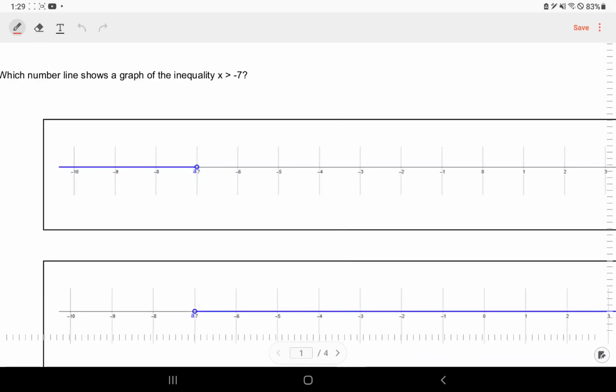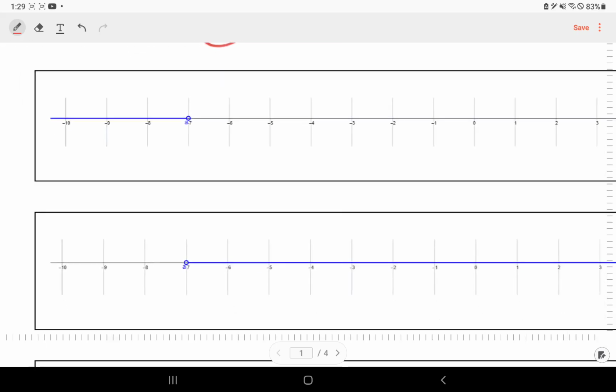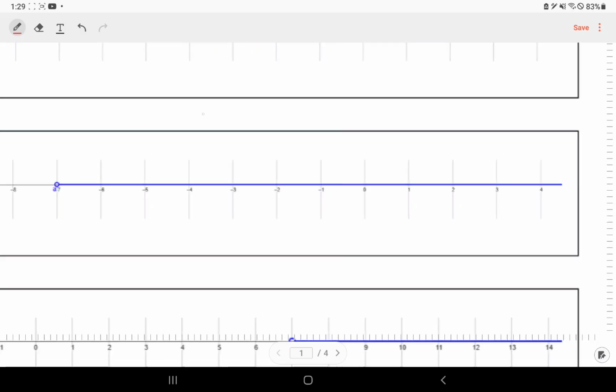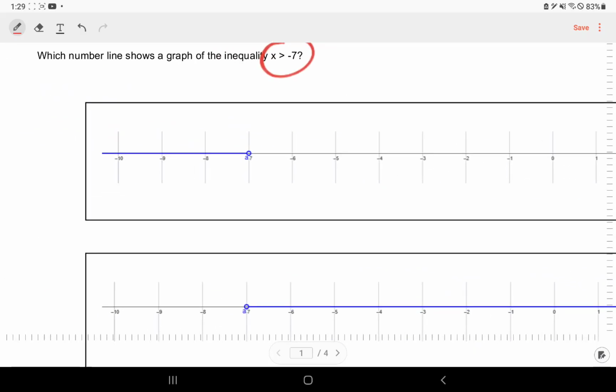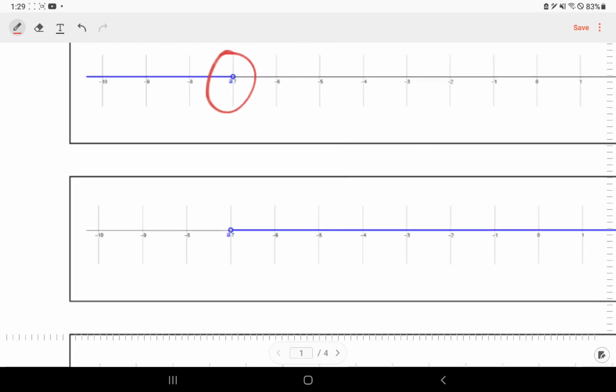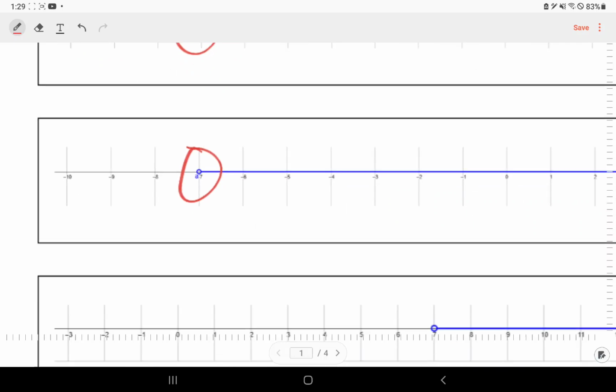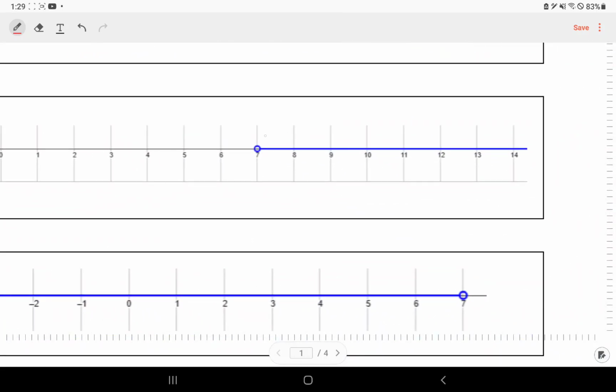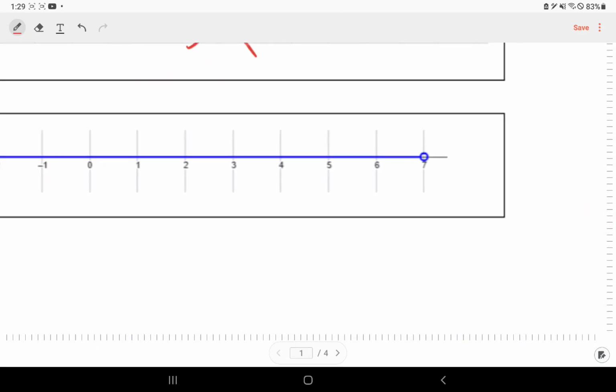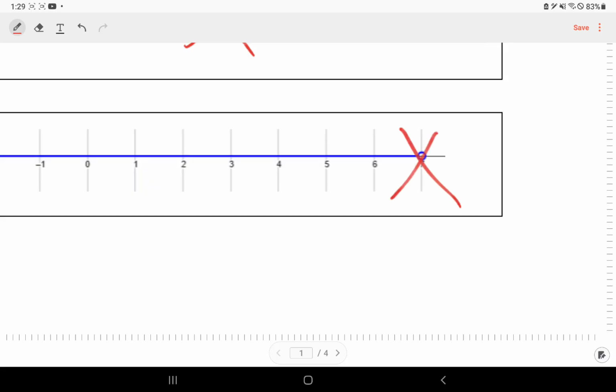It says, which number line shows the graph of the inequality? X is greater than -7. Okay, so greater than -7. We've got that at -7, we've got that at -7. That's at +7, and that's at +7.